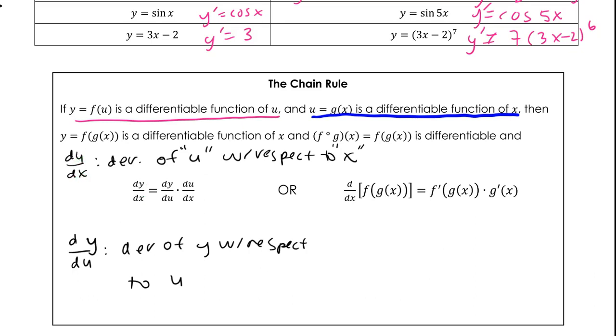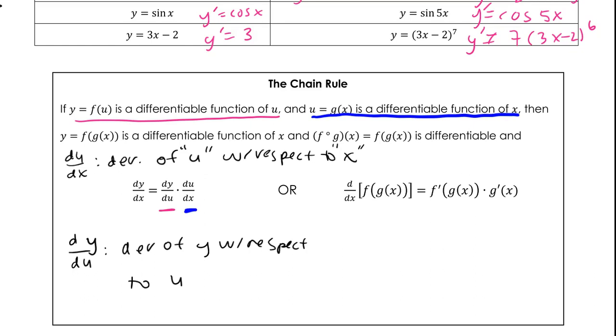Okay, so if you look at this, can you see that this part, y is a function of u, so dy du, matches up. And then the next part, they say g, which is u is a function of x. Okay, and then look at du dx.